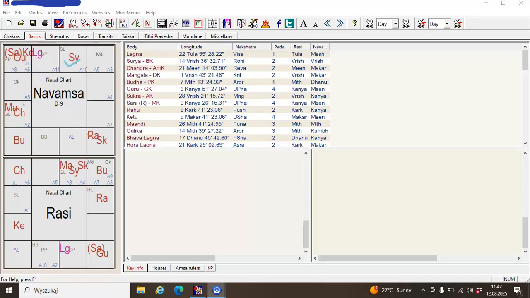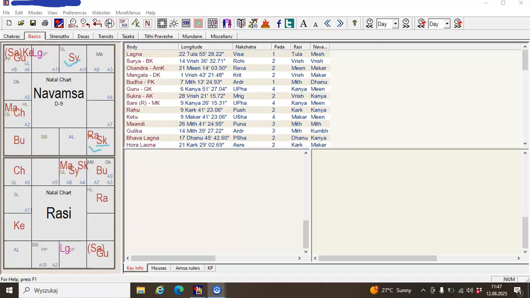We need to count from Rishabha up to its ruler, which is Shukra, in indirect order, because Rishabha is an even sign. If we count, it will be 9. So the length of Rishabha Mahadasha will be 9 years.